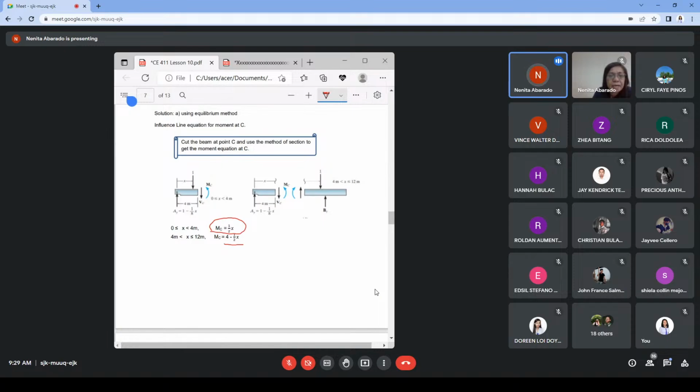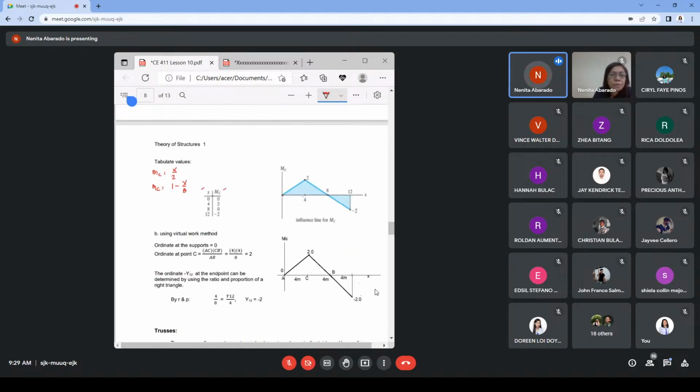Take a look, class. At x equal to 0, the ordinate of the moment is 0. At x equal to 4, it becomes 2, since 4 over 2 is 2.